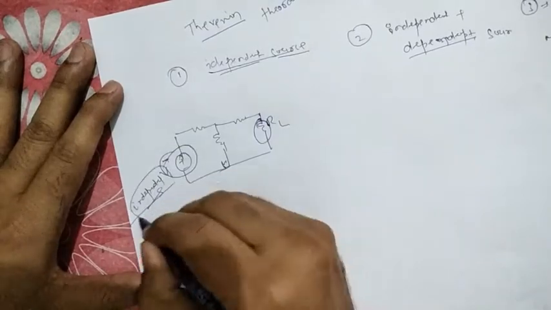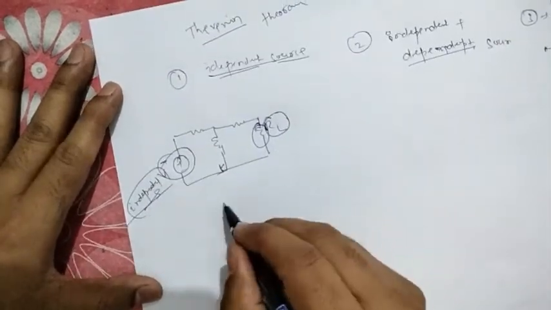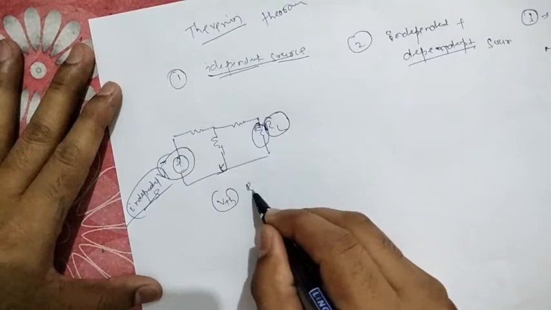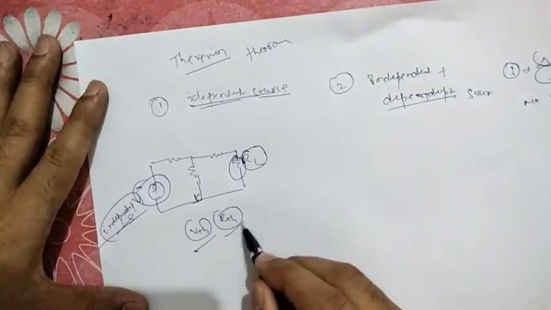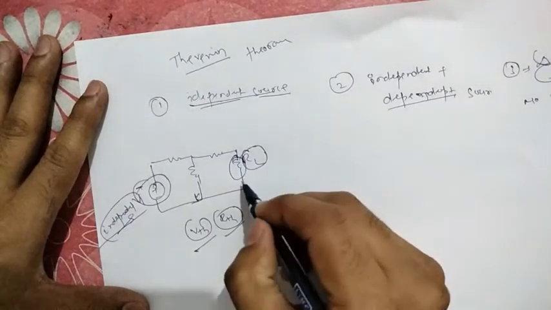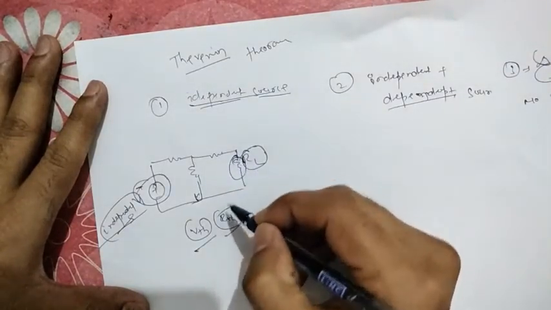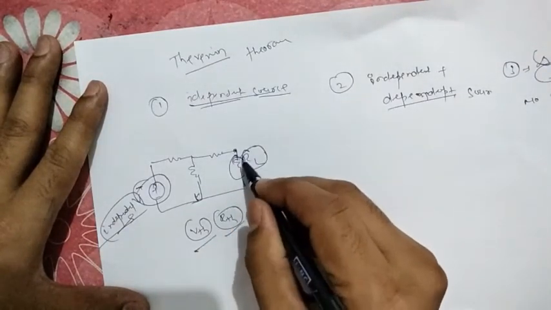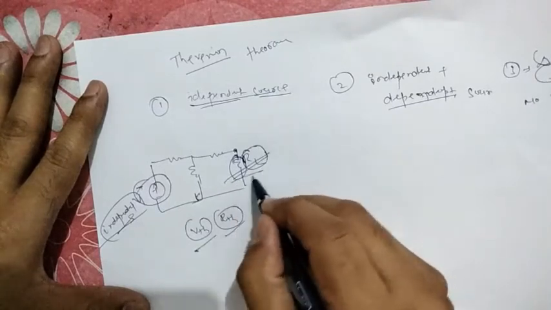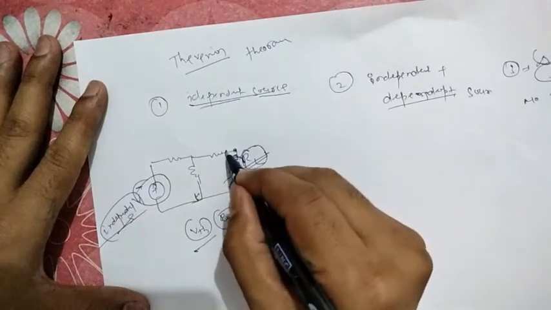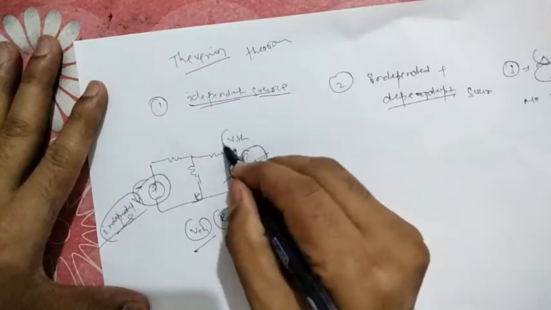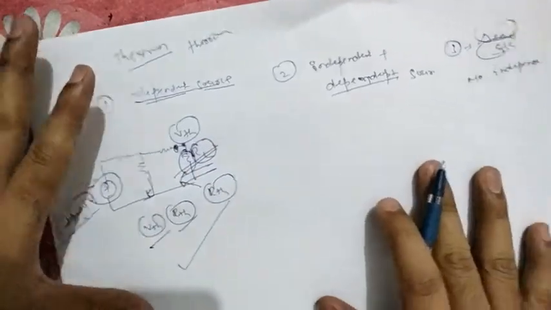For calculating this type of VThevenin and RThevenin, because in Thevenin theorem you have to calculate the VThevenin as well as the RThevenin, it can be simply calculated just by opening this RL, removing this RL, and by looking into this the RThevenin, and here finding the VThevenin. We will be solving this kind of problem also.